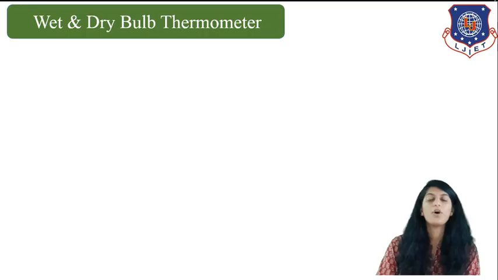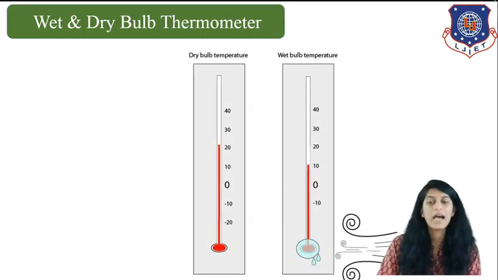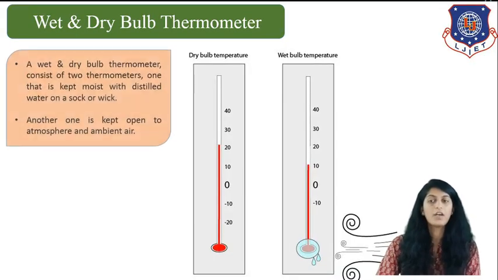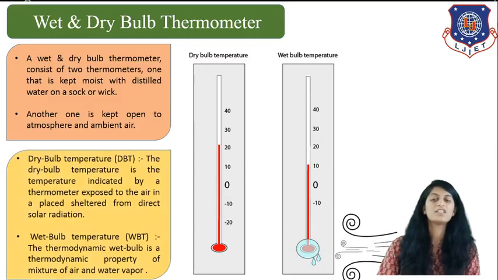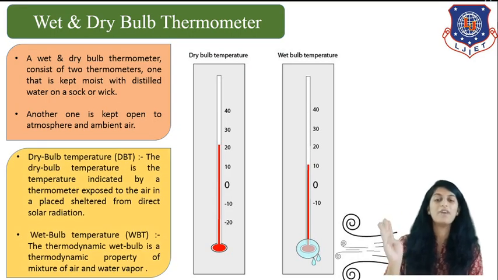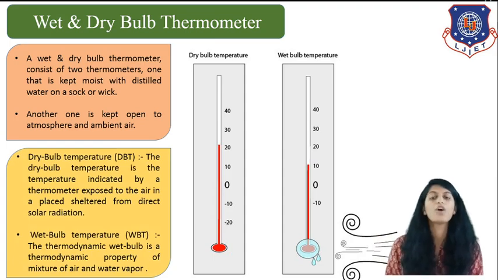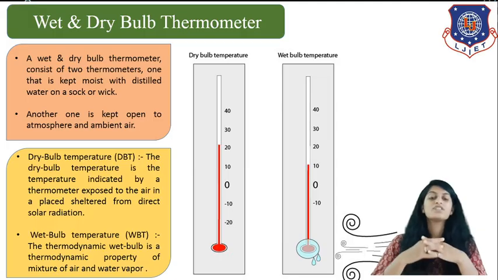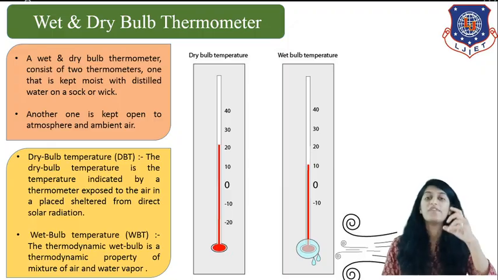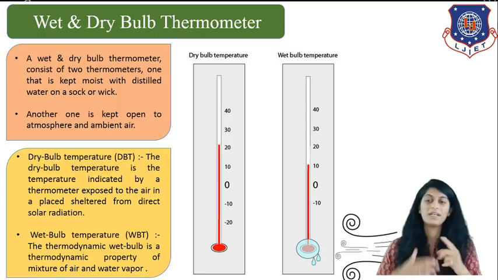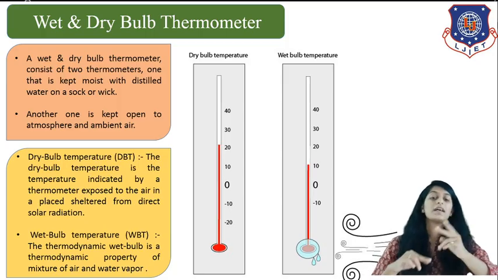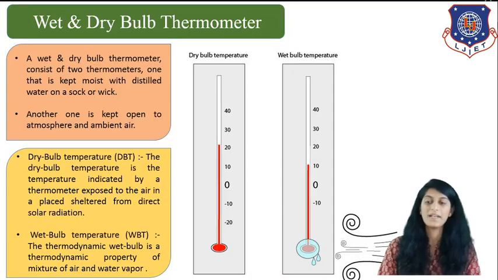The next type of equipment which we use is the wet bulb and dry bulb thermometer. As you can see in this picture, there is a wet bulb thermometer and a dry bulb thermometer. What we basically do is measure the temperature in both thermometers, determine the difference of temperature between them, and then convert this temperature difference into humidity, correct?